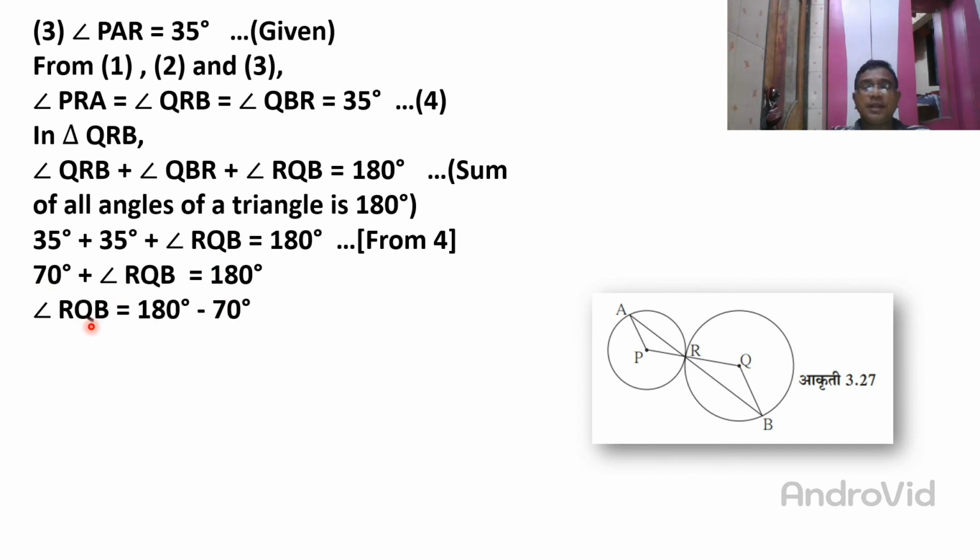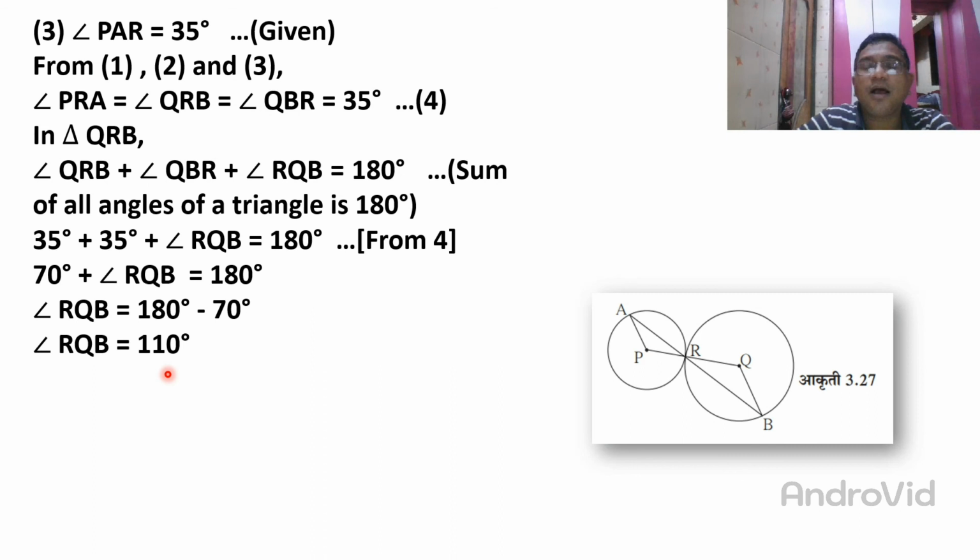Moving 70 across, angle RQB is equal to 180 minus 70, so we get 110 degrees. Angle RQB is equal to 110 degrees.